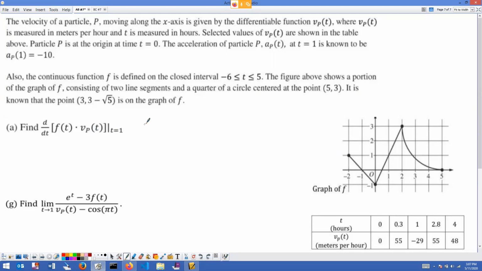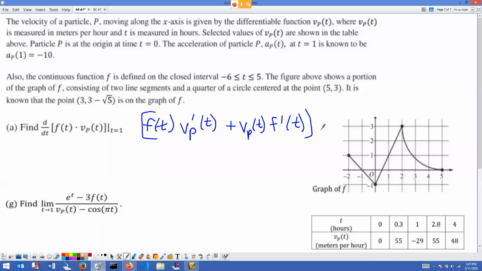So the derivative is f of t times v sub p prime of t plus v sub p of t times f prime of t. We're going to evaluate that at t equals 1. So f of 1 is given to us as 1 from the graph.